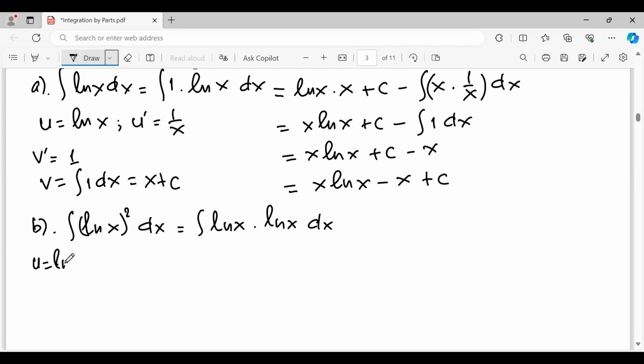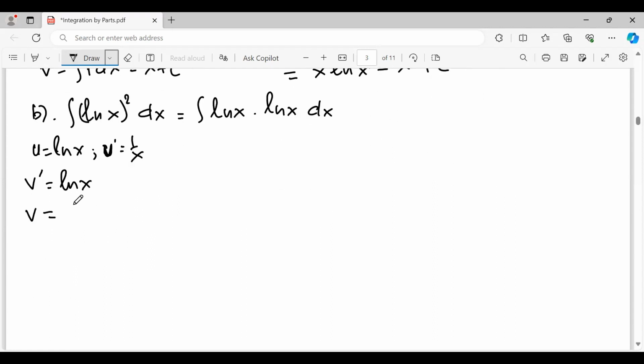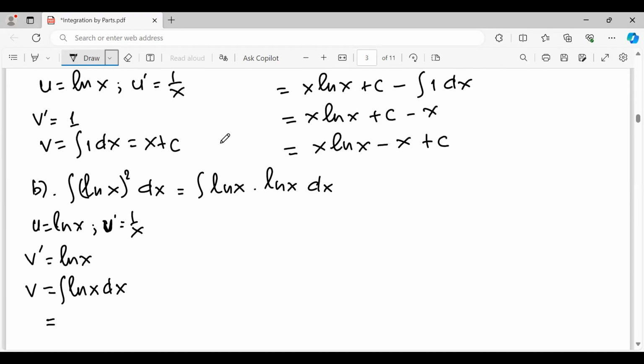If u is ln x, derivative u is 1 over x, derivative v is ln x, and v is the integrals of ln x dx. Based on these results, integrals ln x dx is x ln x minus x plus c.